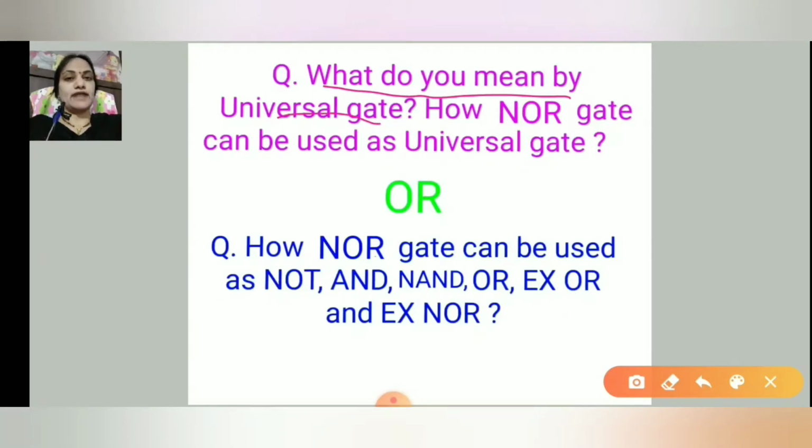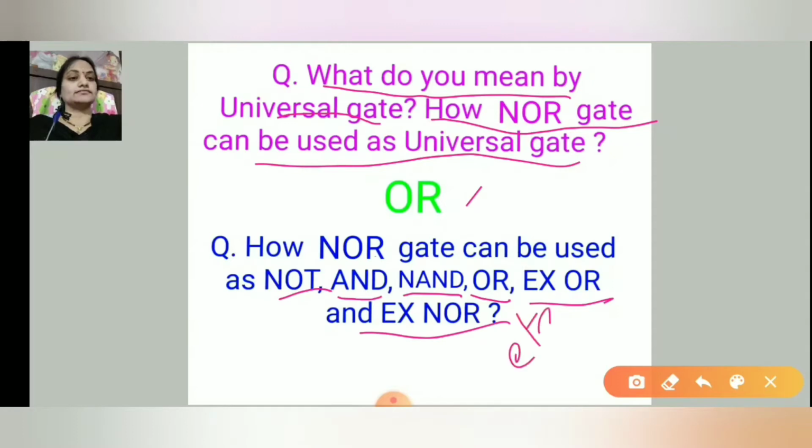That means you have to define a universal gate. How NOR gate can be used as universal gate, or how NOR gate can be used as NOT, AND, NOR, OR, XOR, XNOR, etc. Okay.